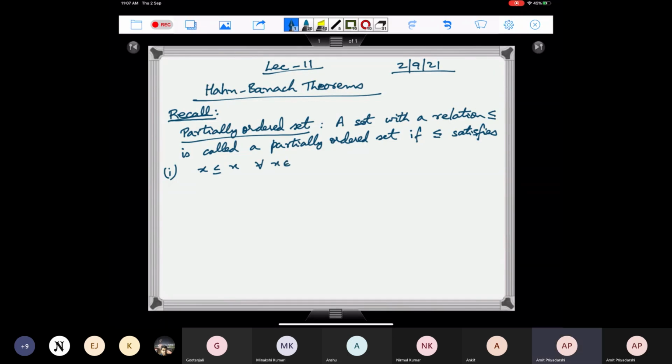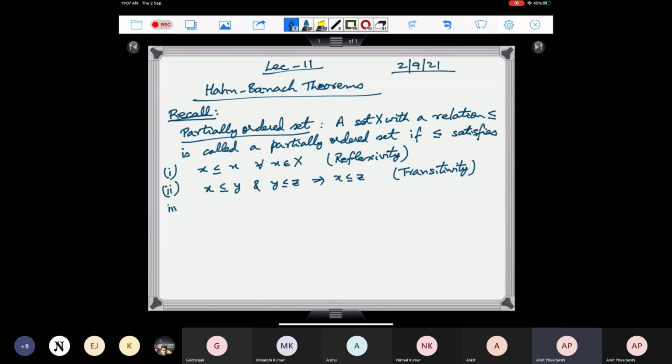Let's call this set as capital X. So this is called reflexivity. Second is transitivity. So if x is less than equal to y and y less than equal to z, this implies x is less than equal to z. That means this ordering is transitive.